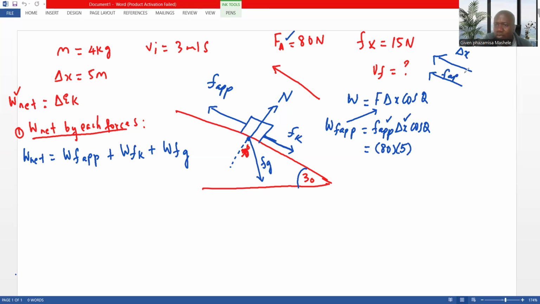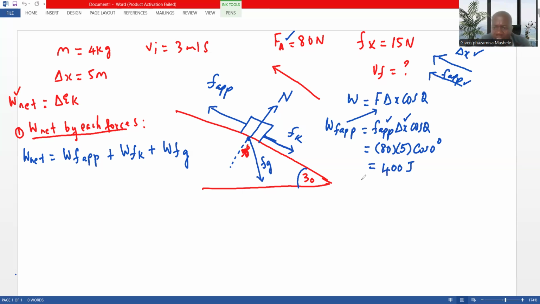Since the lines are parallel, the angle between them is 0. So 80 multiplied by 5 gives us 400 joules. So the work done by the force applied is 400 joules.